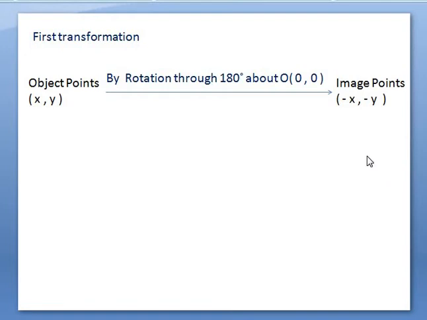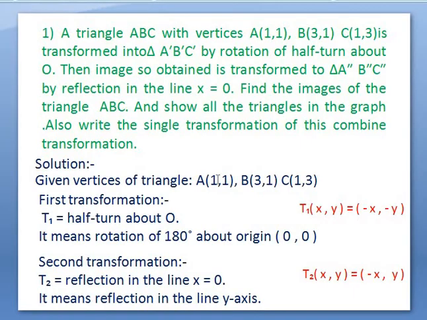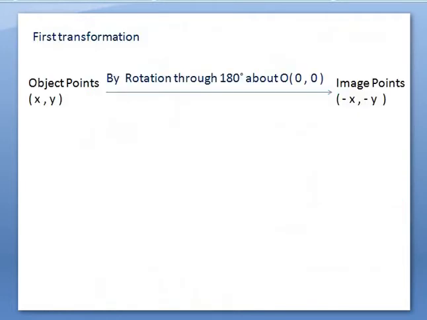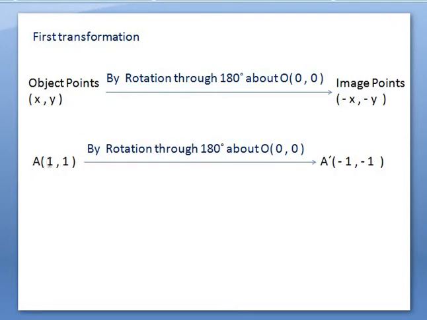Now we have to find the image of each point A, B, C under the first transformation. Look here, A(1, 1), by this transformation we get A prime (minus 1, minus 1). Similarly, we can get the other images.